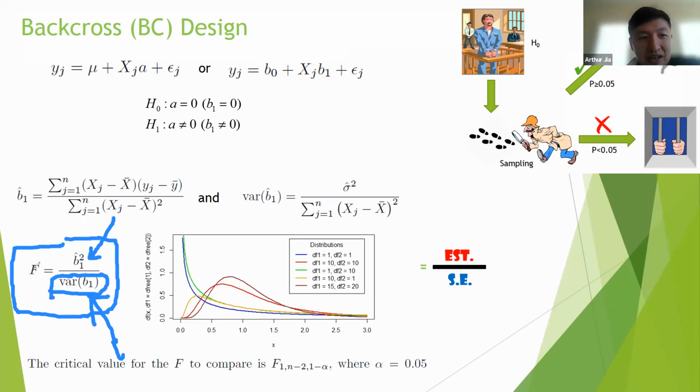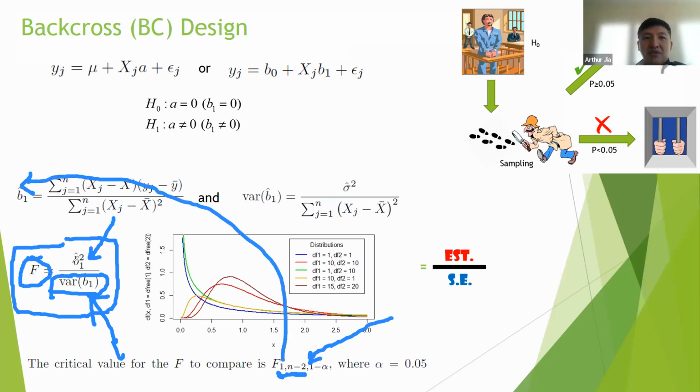The ratio of these two things develops an F statistic. And this statistic follows an F distribution with the degrees of freedom equal to 1 and n-2. So the n-2 is equal to the total degrees of freedom of the data. So I just explained why we have the n-2, right? And this 1 means you only tested this single parameter here.